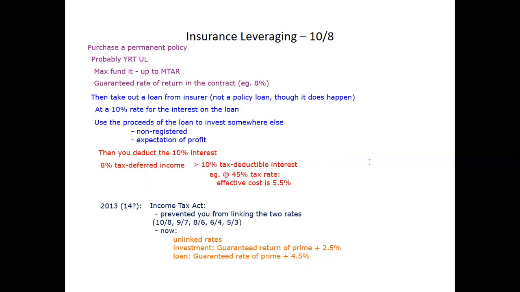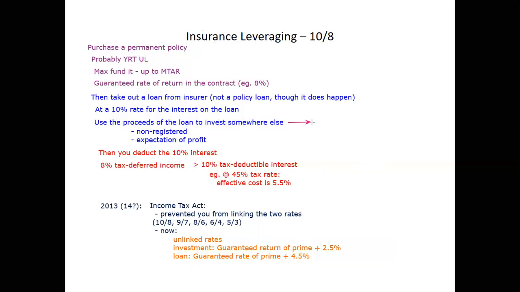I don't think the 10.8 is universally to be lambasted or whatever the case is, but I think to your point, Chris, I saw a lot of it done in situations when I don't think it made a ton of sense. It goes back very much to my comment earlier about the insured retirement strategy, that this whole thing hinges on using leverage.